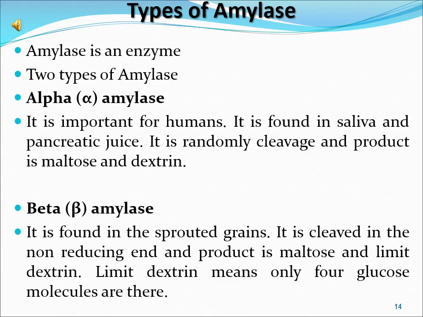It cleaves randomly and the products are maltose and dextrin. Whereas beta amylase is found in the sprouted grains. It cleaves at the non-reducing end, and products are maltose and limit dextrin. Limit dextrin means only 4 glucose molecules are there.